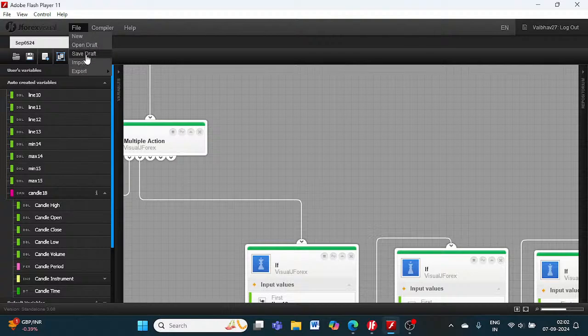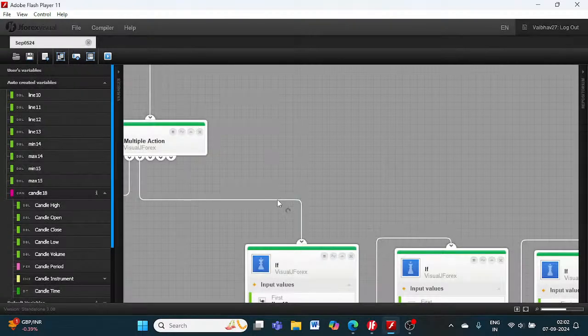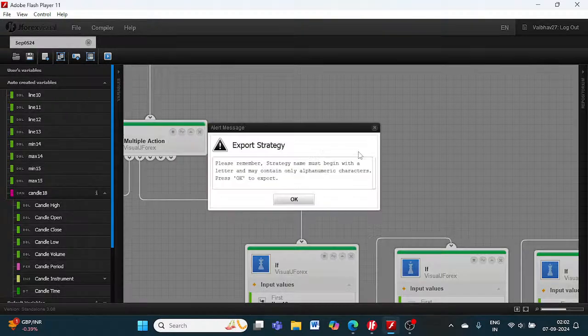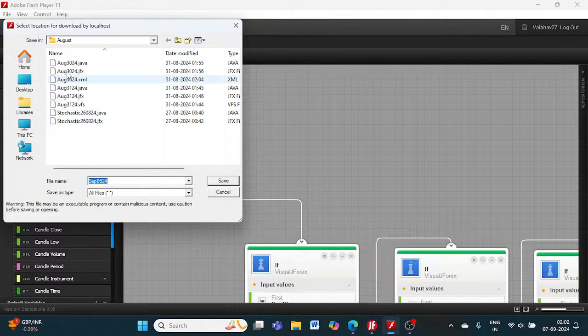Let us now test it. Save draft. Okay. Now I will export it in the Java format. The export done.